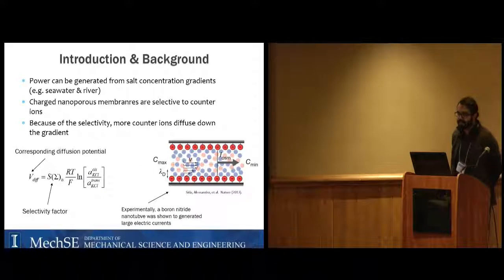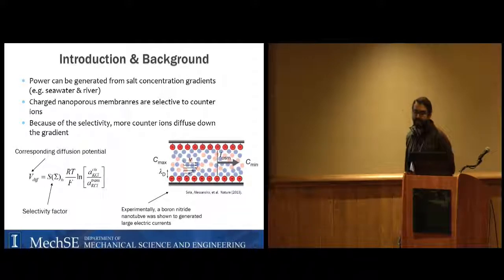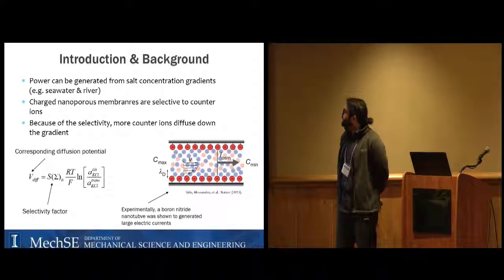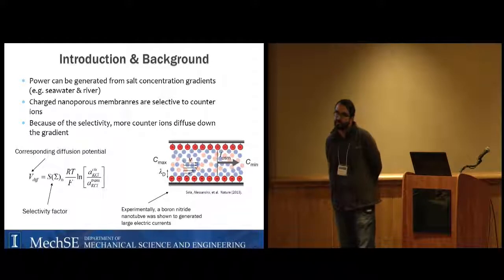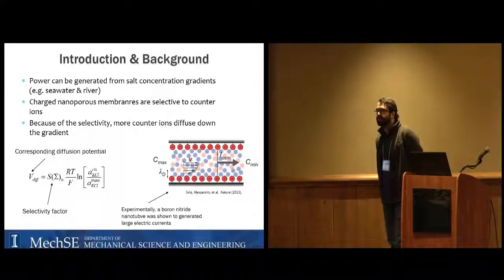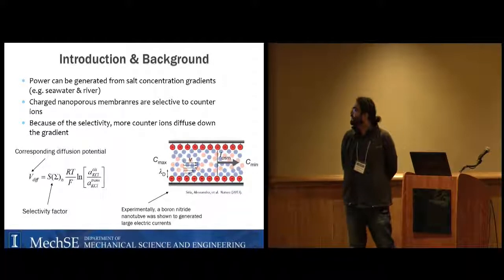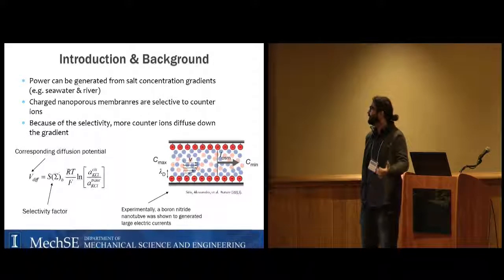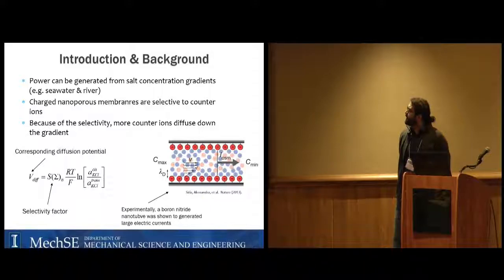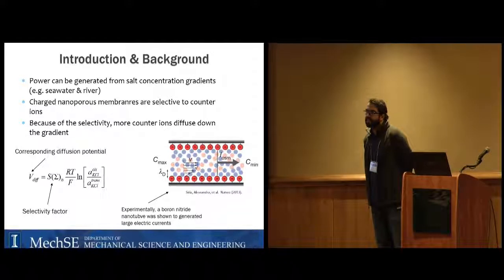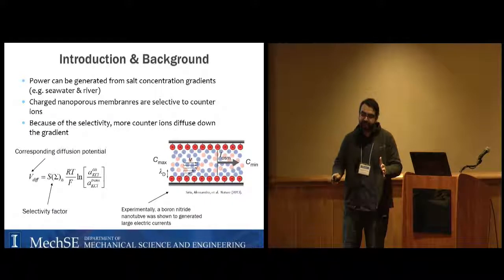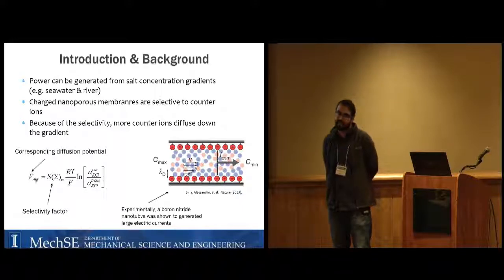So let me get into the introduction and background about the problem that we are looking at. Power, electricity, can be generated from a salt concentration gradient. One example in the real world would be the concentration gradient between seawater and river, say ocean and river. If we have charged nanoporous membranes, the nanopores are selective to the counter ions.